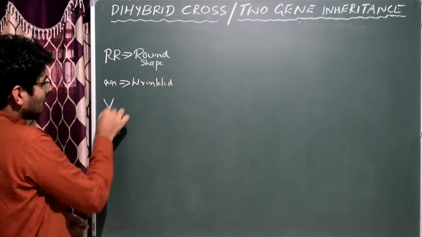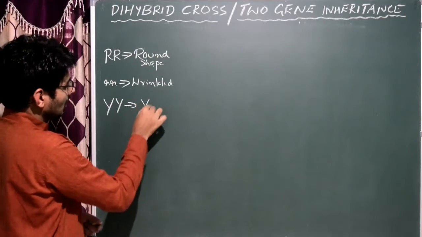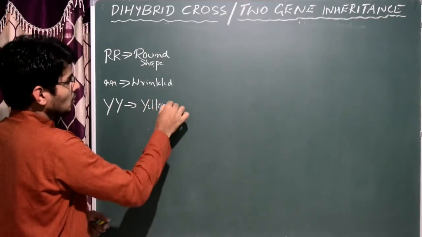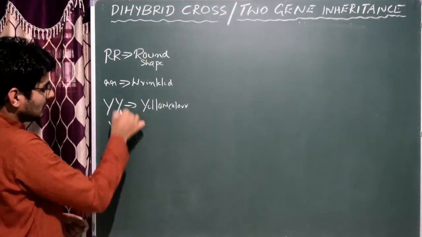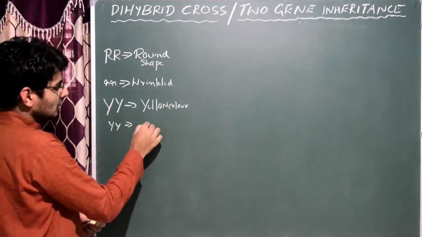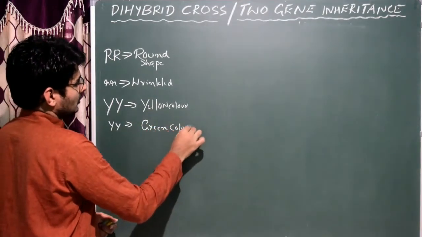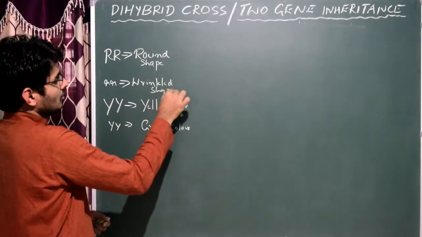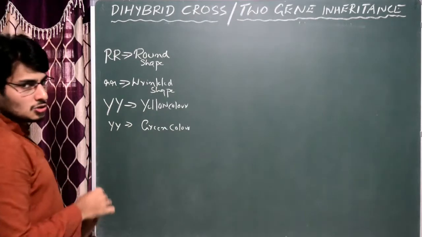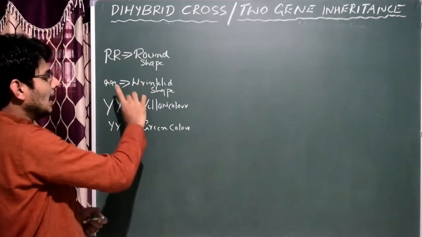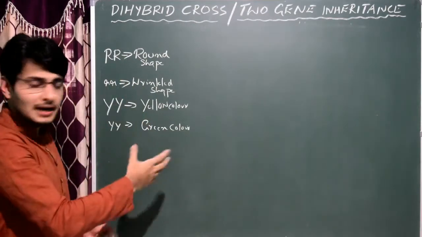Capital Y is the yellow color, and small y is the recessive character for yellow color, that is green. So round is dominant over wrinkled, and yellow is dominant over green. Mendel considered round and yellow in one plant and wrinkled and green in another plant, and he crossed them.